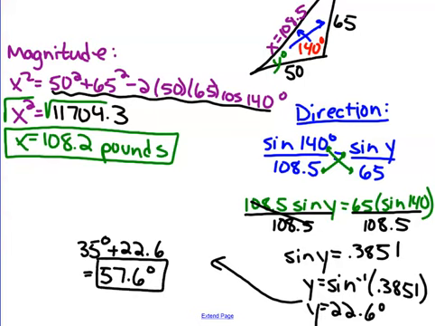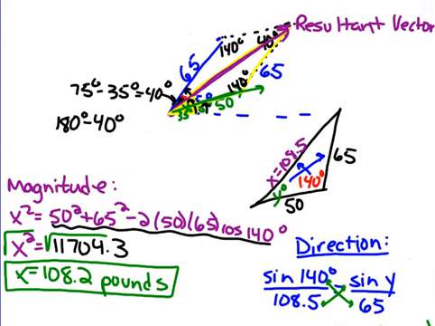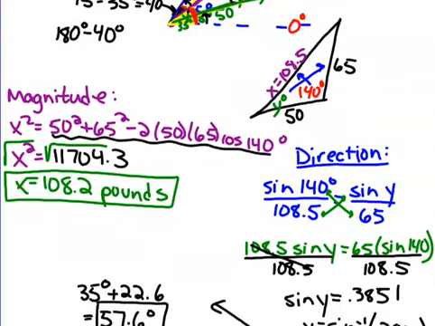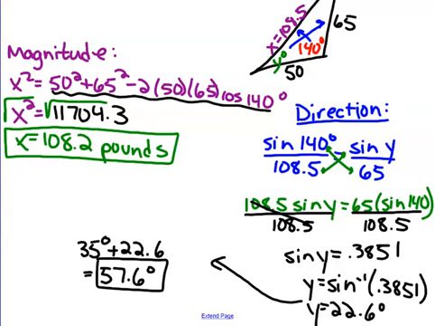So if we go back and look at this, this is considered 0, but this 35 plus what we just found with that y, 35 plus 22.6, that is the direction here. That's how far that is. And you can say north of east, but remember that it's thinking of the unit circle where 0 is, that is our direction.